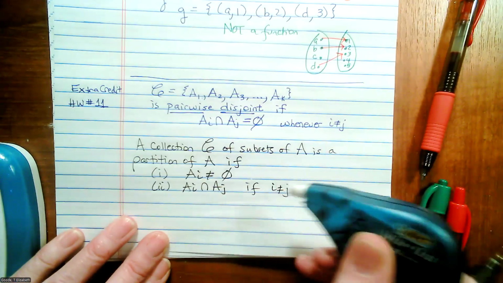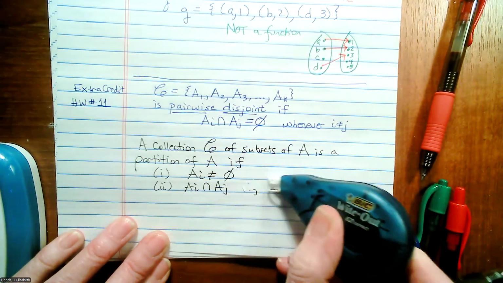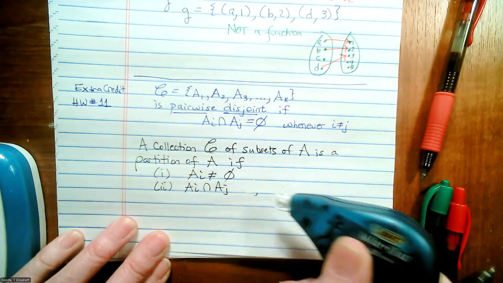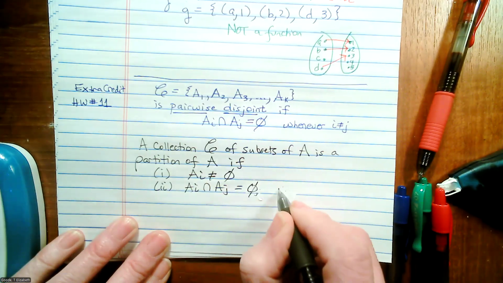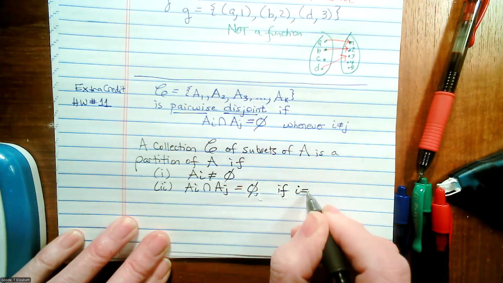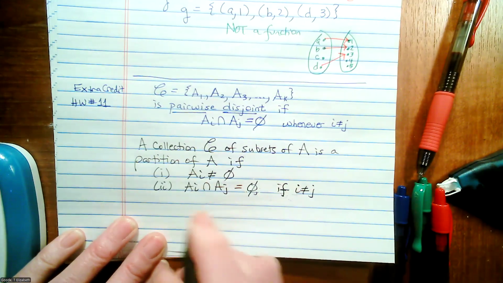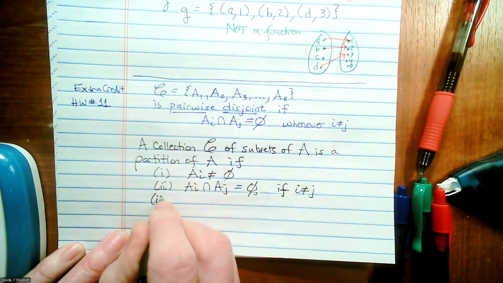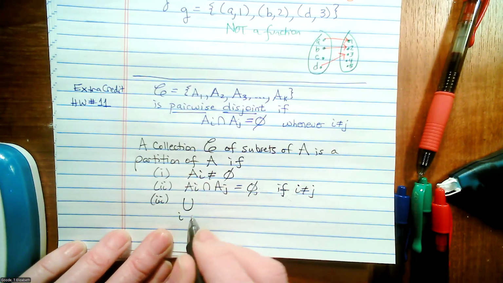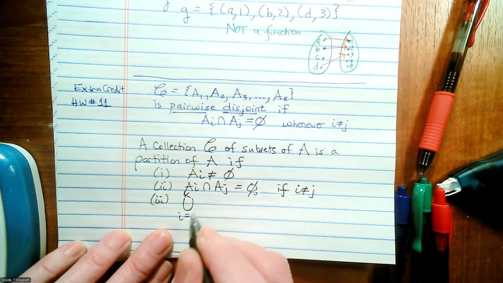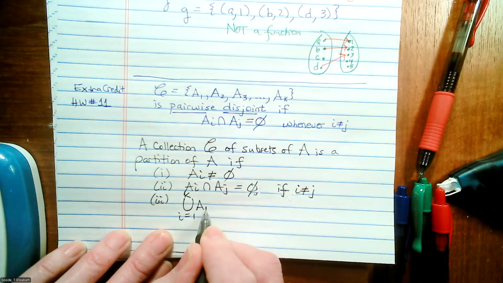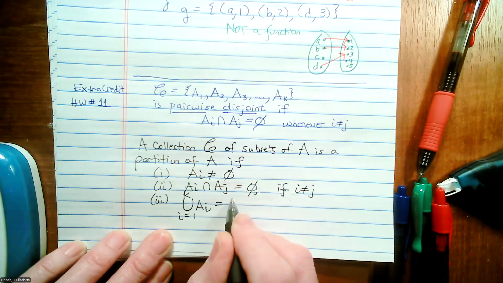Do you feel comfortable with pairwise disjointness? Did you review the class notes on that? I did review it, but I wasn't comfortable enough to successfully complete the extra credit without confusion. And three, the union from i equals 1 to k of the Ai would be all of A.